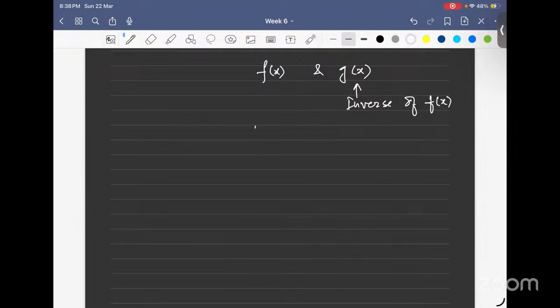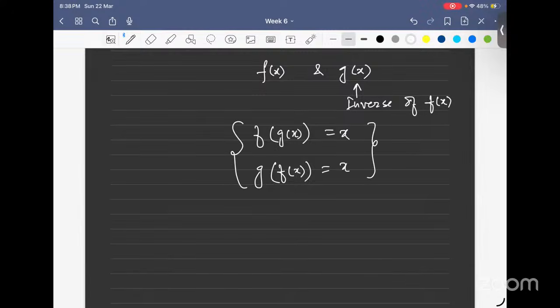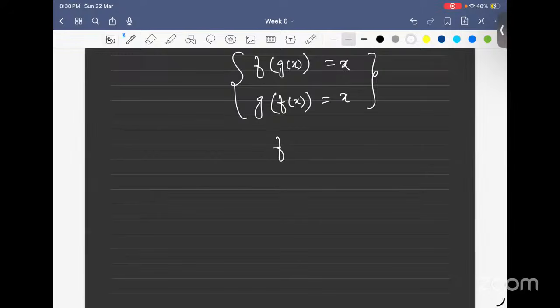If I write f of g(x), what will I get? Identity, x. Correct. For both cases you get x. That means if you have f of f inverse, you'll always get x, and f inverse of f(x), you'll always get x.